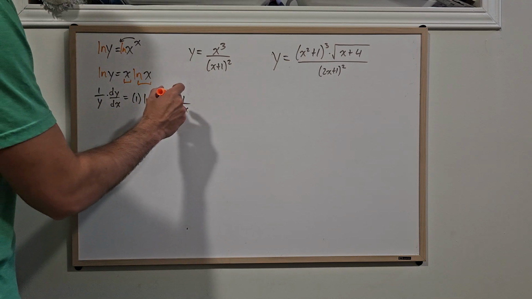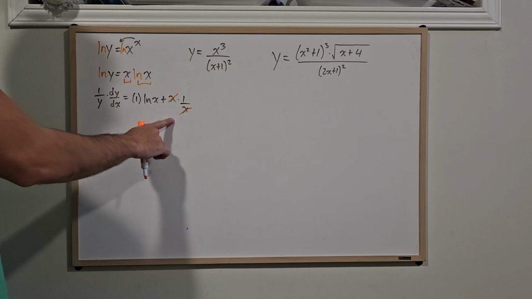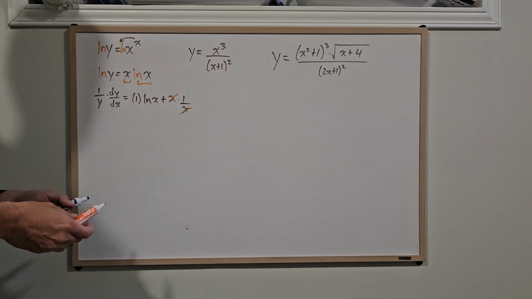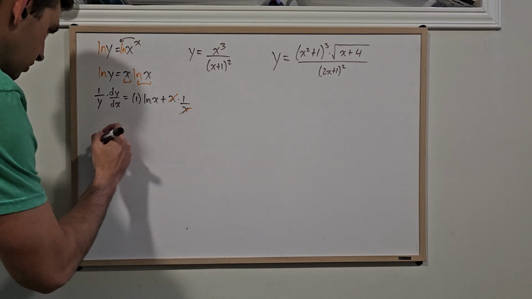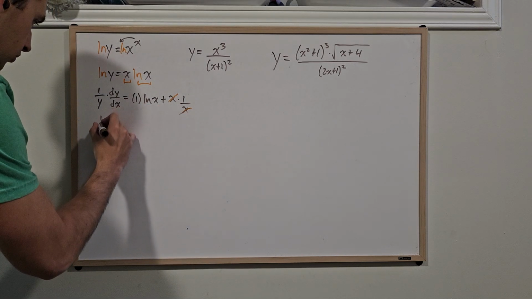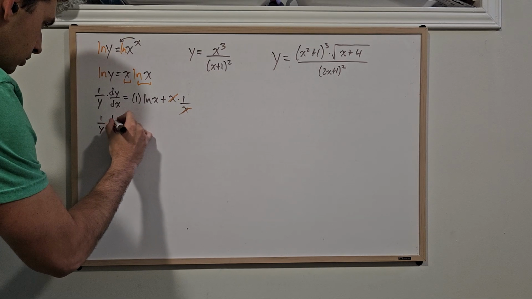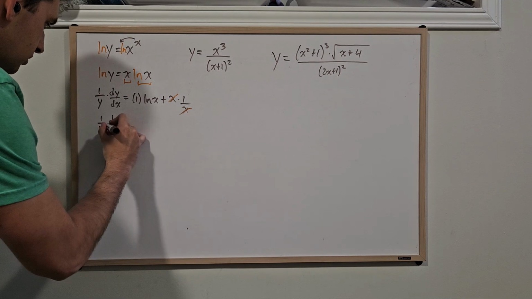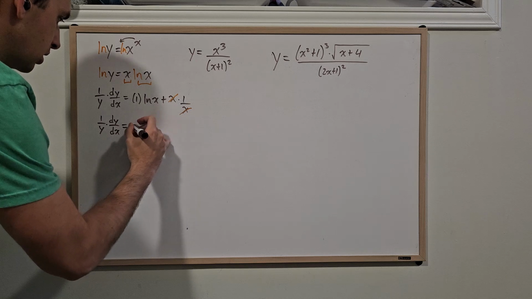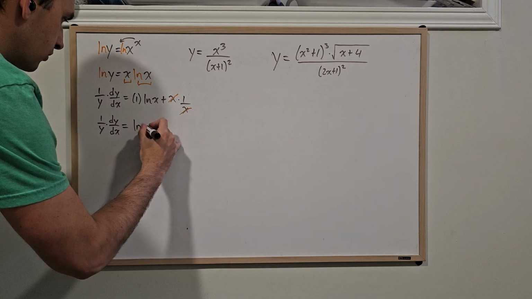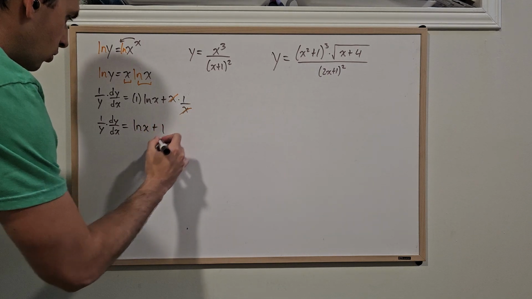We can see here that my x's cancel out, so I'm just going to be left with a 1. So rewriting this, I have 1 over y dy dx equals natural log of x plus 1.